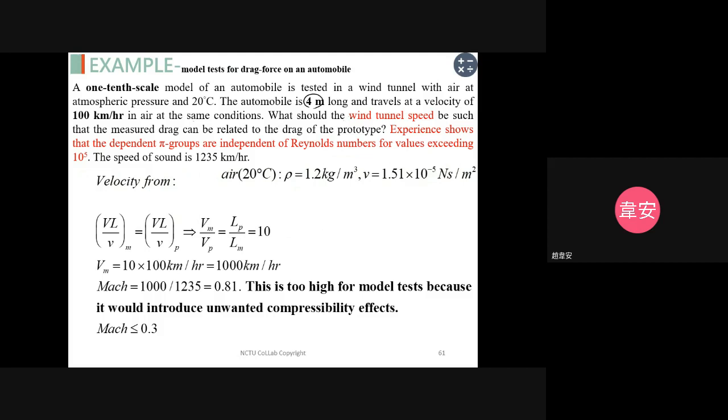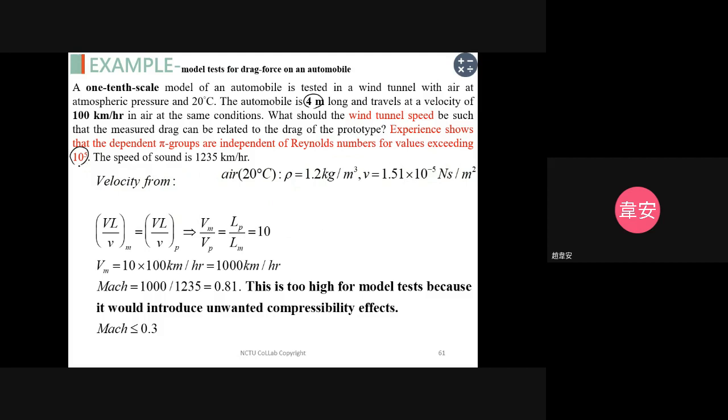So what should the wind tunnel speed be such that the measured drag can be related to the drag of the prototype? And we know that experience shows that the dependent pi groups are independent of the Reynolds number for values exceeding 10,000.